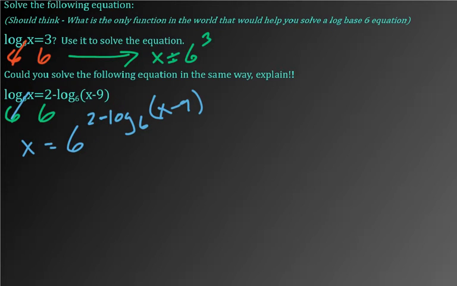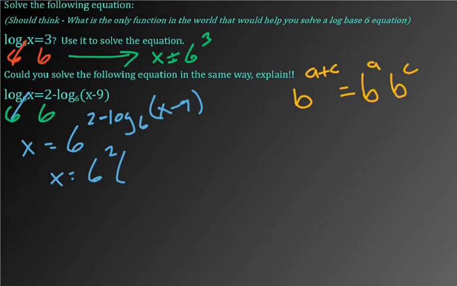And so we could do x equals 6 squared, and then this is like the property: some base to the a plus c is that base to the a, and then that base to c, right?